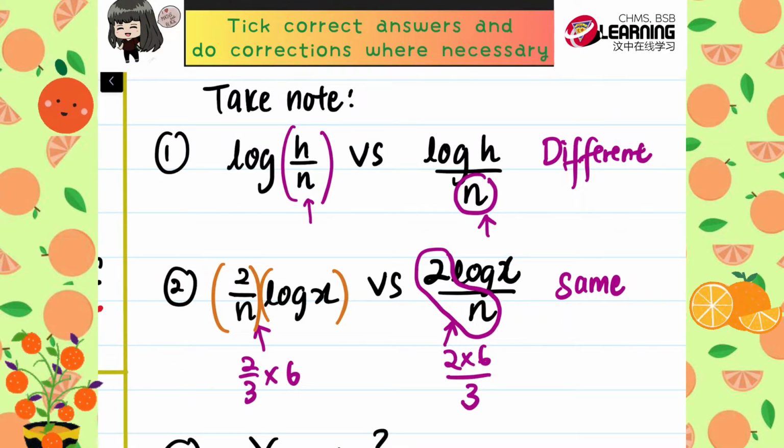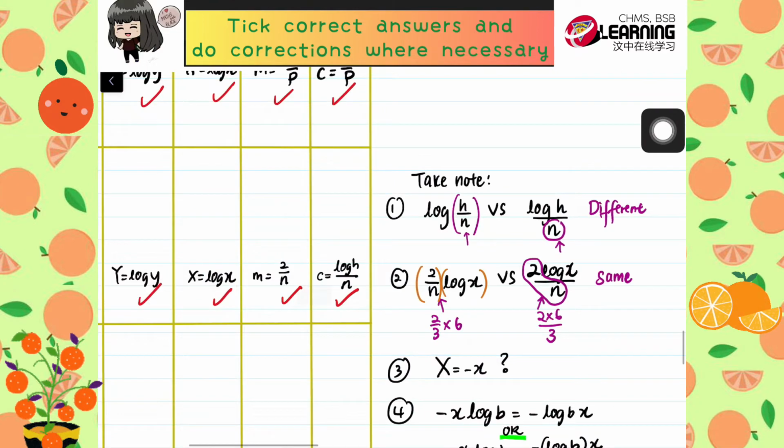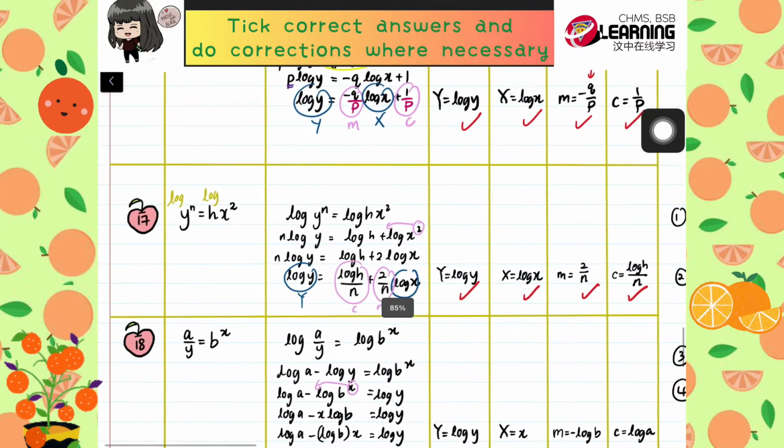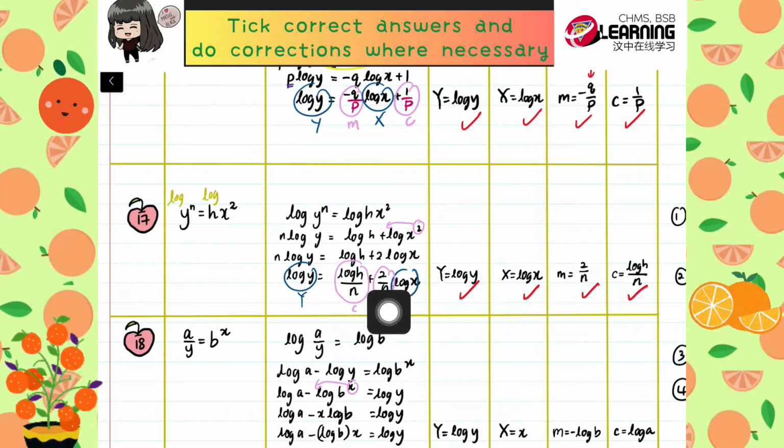So when we write this one and this one, they are actually the same thing. That is why in question 17, 2 over N will be the M, the gradient. Your log X is your big X, and your log H over N will be your C.